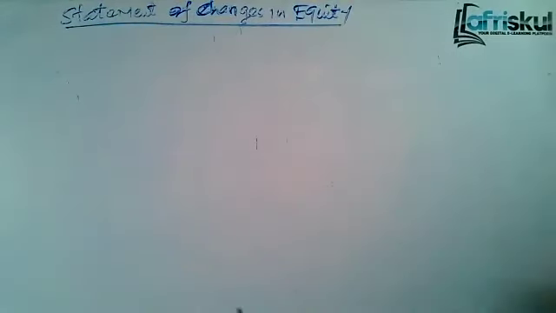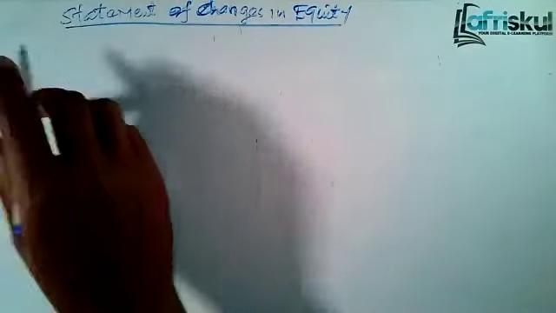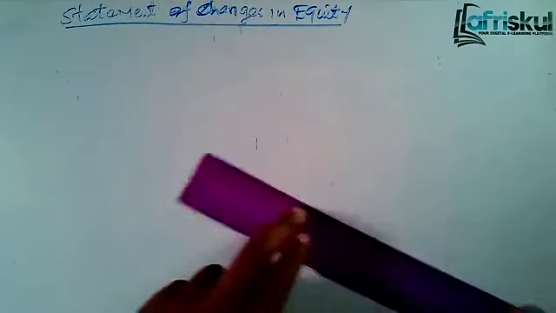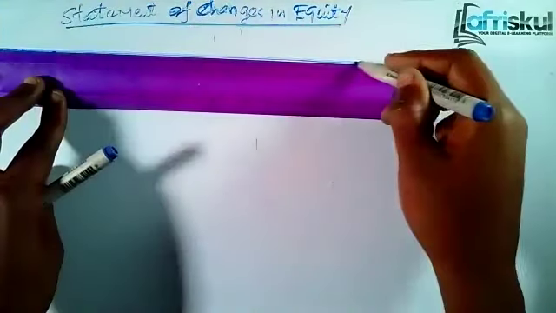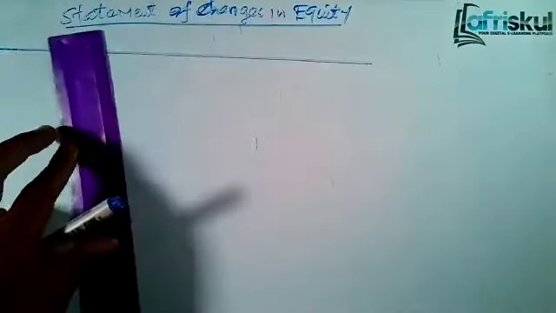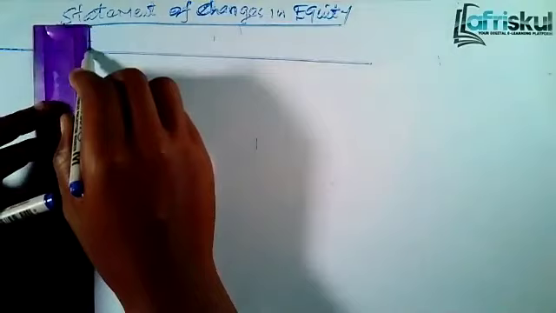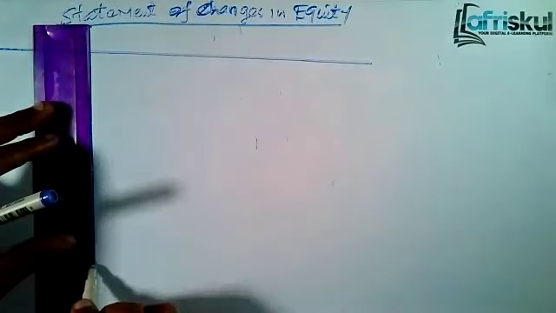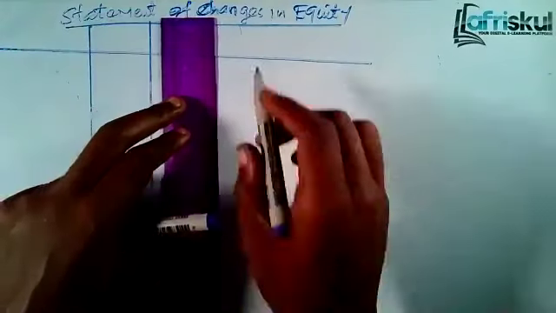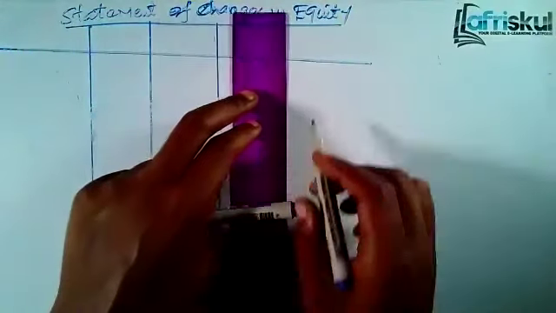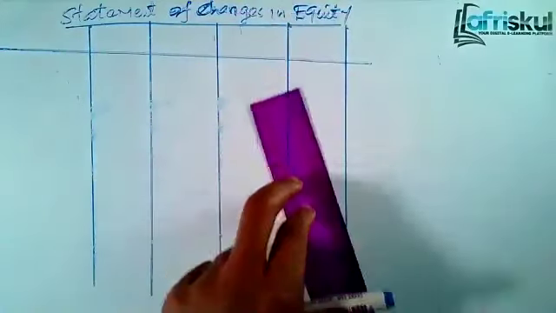So on the side of the statement of changes in equity, this is how you are required to do. In this case, you are just considering the equity items. Let me just pick 3 of the equity items and draw the statement of changes in equity.